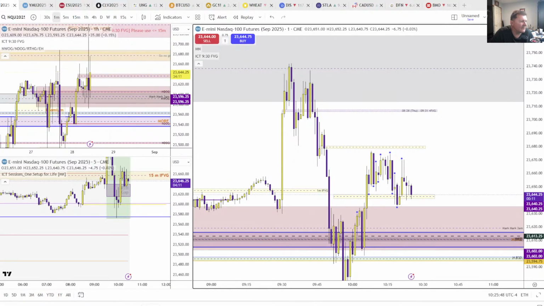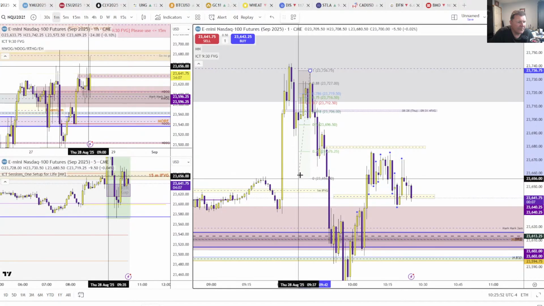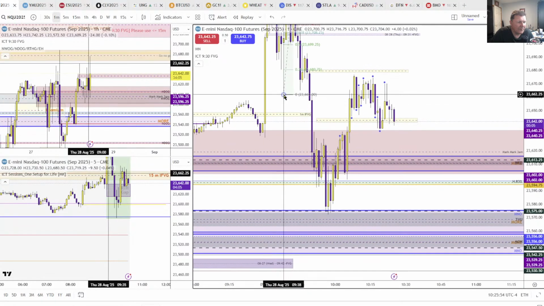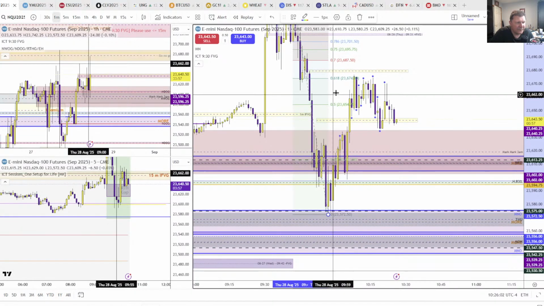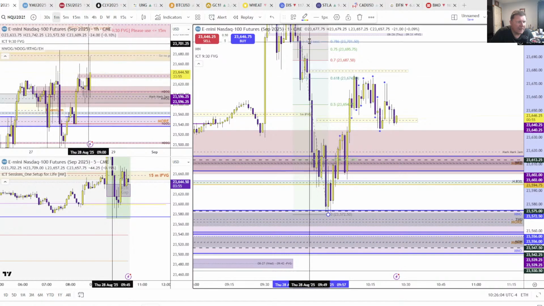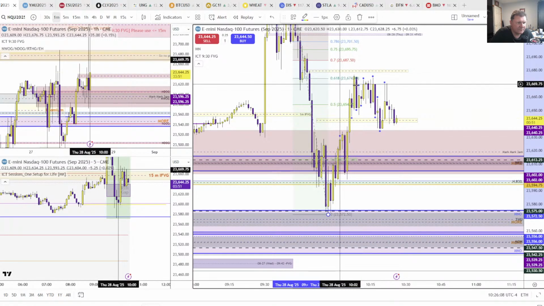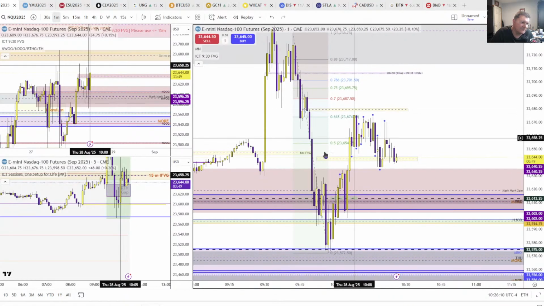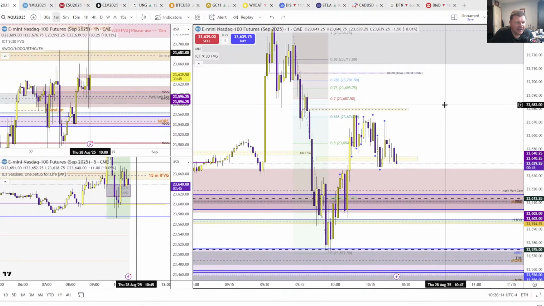So you're drawing it from here to 9:58, right? Or 9:57, it's right on the very bottom there. Okay, from there, there's 62%. So this is the retracement back in there. Okay.